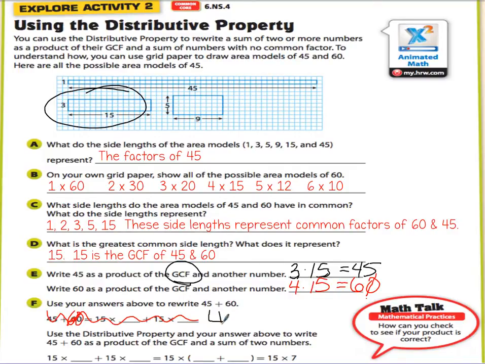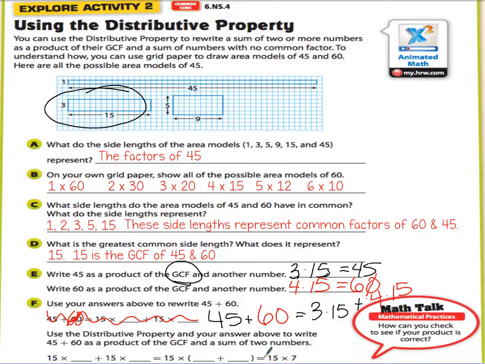We're saying if we did 45 plus 60, that would be the same thing as, if we add our two products, it would be the same thing as adding our two multiplication problems. So the same thing as adding 3 times 15 plus 4 times 15. So adding our products is the same thing as adding our multiplication problems.